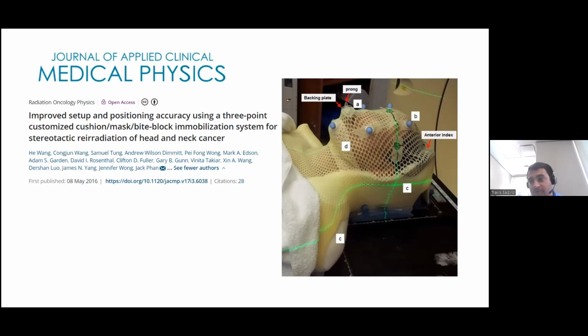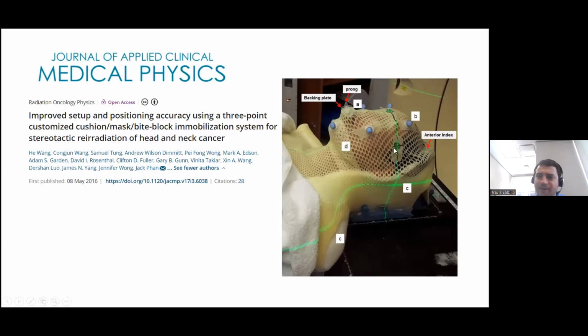We've had a couple of studies at our institution that demonstrate a significant clinical benefit for using these masks. You'll also see the patient has a bite block in their mouth, which helps reproduce the jaw and the mandible from fraction to fraction. It also depresses the tongue, so it gets it out of the way, so there's no incidental tongue motion, and it makes it a little more difficult to swallow, so swallowing motion during the treatment is not as big of an issue.